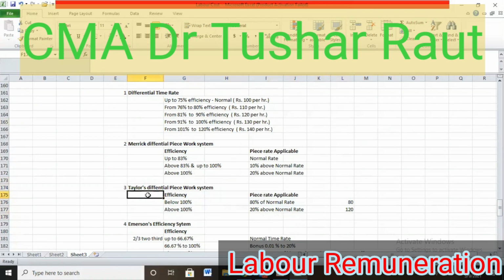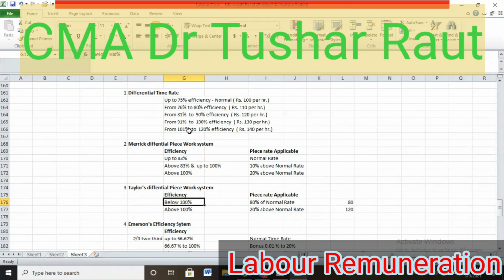But now the role of Taylor comes in. Taylor's differential piece work system is quite different, as he is very strict: if you work below 100%, you will get 80% of the normal rate. Meaning that as you were getting 100 rupees, you will get only 80 because you worked below 100%.